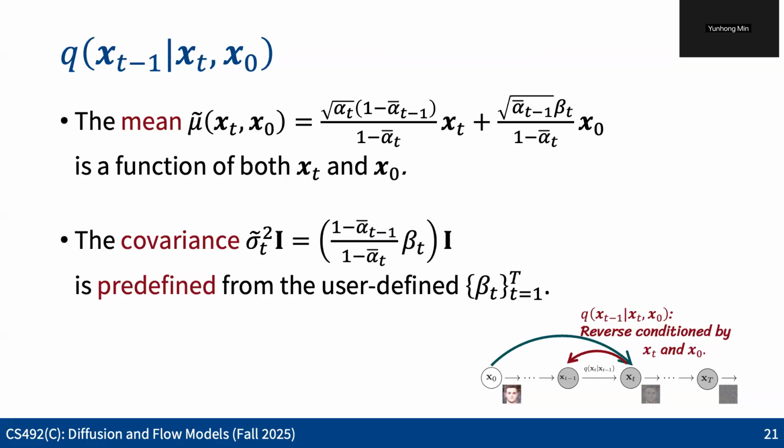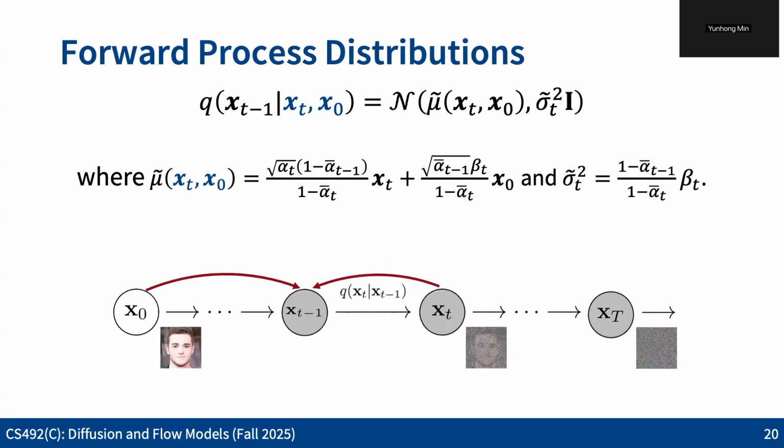So now we can see that the Gaussian distribution here can be defined as a mean function taking the xt and the x0, and the variance, which we can directly compute. And do you remember why we are seeing this distribution?